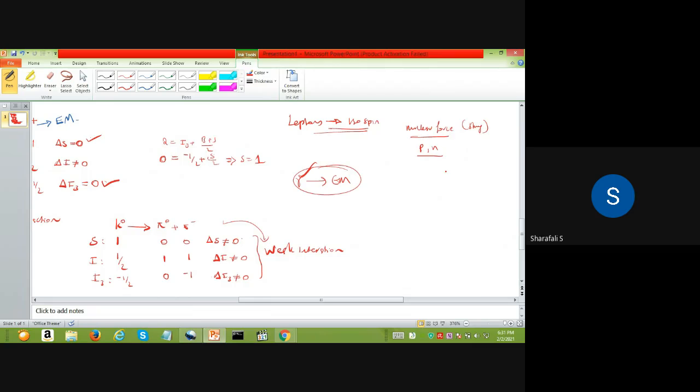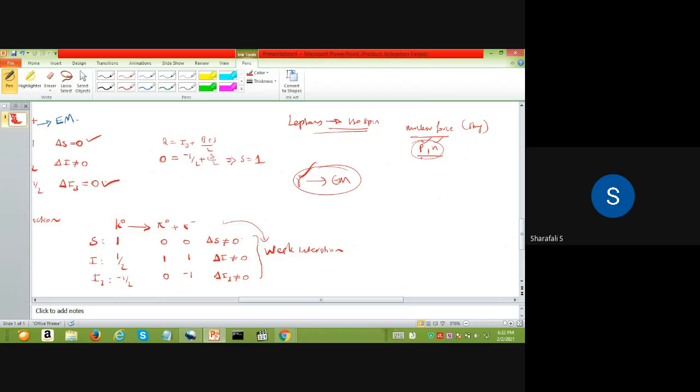The interaction will be the same. So if protons and neutrons interact through the strong interaction, we cannot distinguish them by charges, because strong interaction is independent of charge.